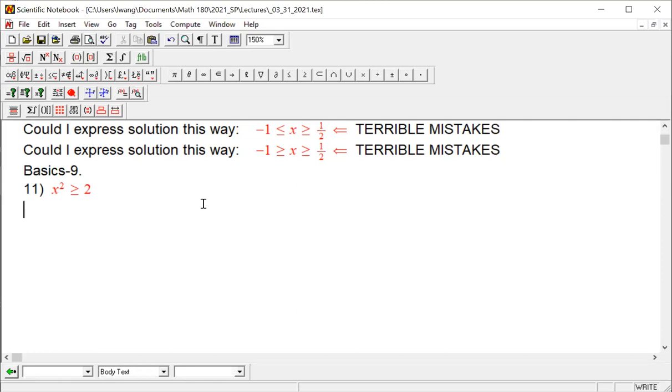Sometimes we can have slightly different ways, algebraically, to handle these inequalities. You don't always have to go the same way.